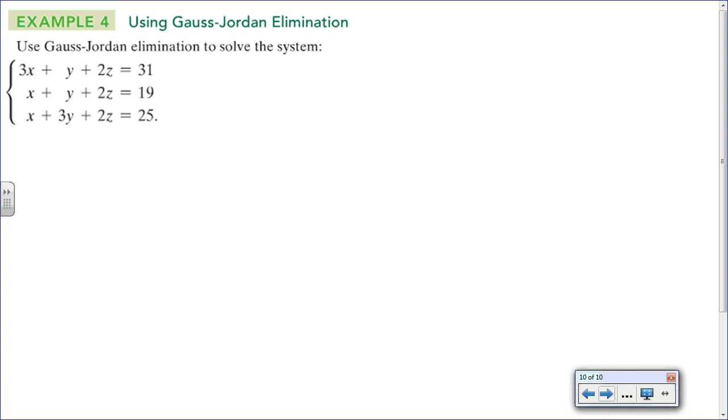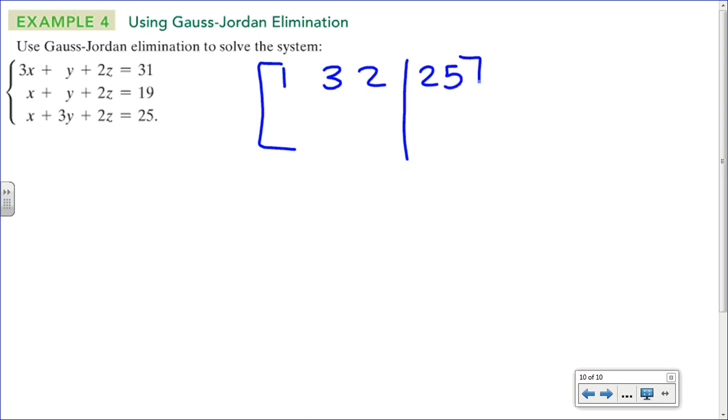It was something like 1, 3, 2, 25, then 0, 0, 1, 5, and 0, 1, 0, 3.